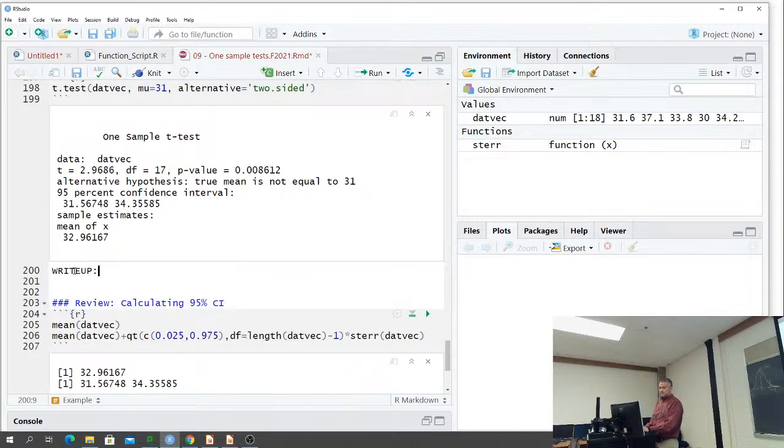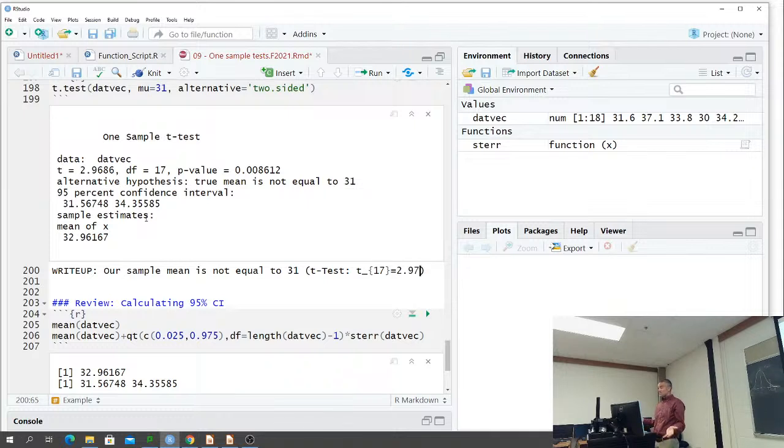So based on this, we have a write-up. Our sample mean is not equal to 31. We ran a t-test, t, 17 degrees of freedom, 2.97.